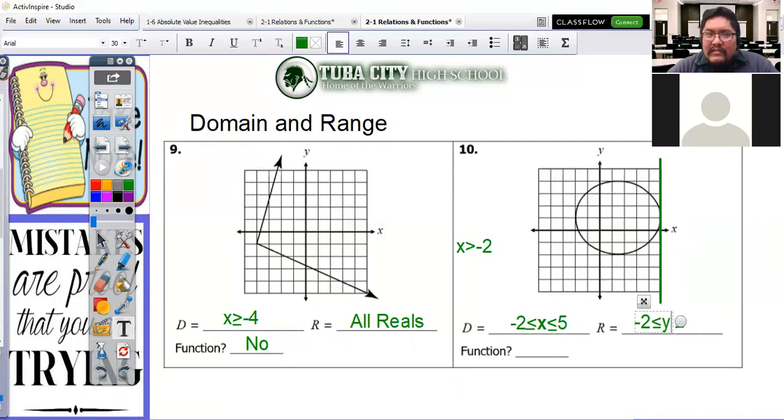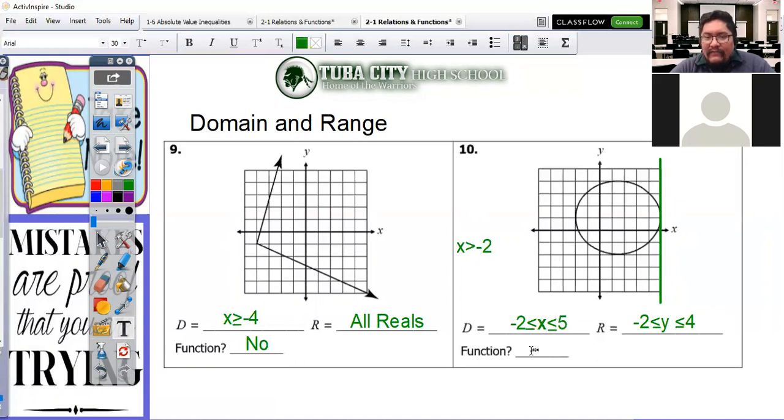So I'm going to go ahead and just write this one all together. And we also move that line up, up, up, up till we get to 4. So y is also going to be less than 4. So the y values for the range are between -2 and 4.